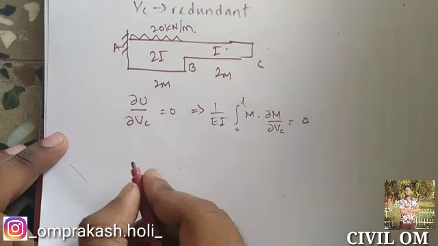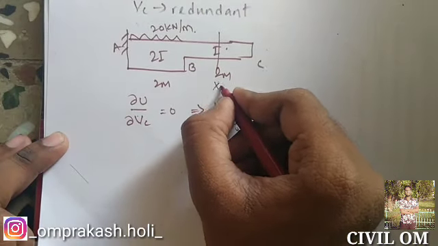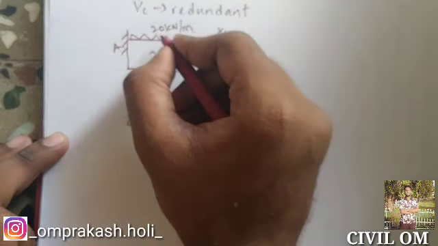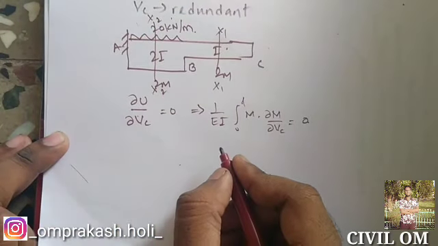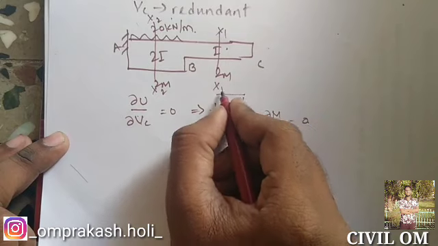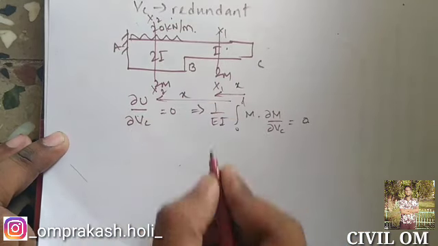So now let us consider the two sections in this particular diagram. This is x1, and this is x2, and the distance from this to this is x, and the distance from this to this is again x.